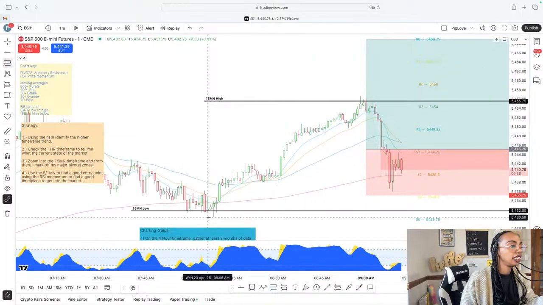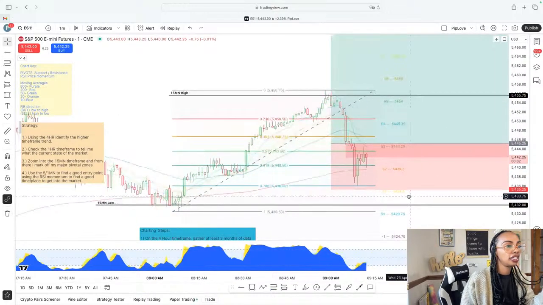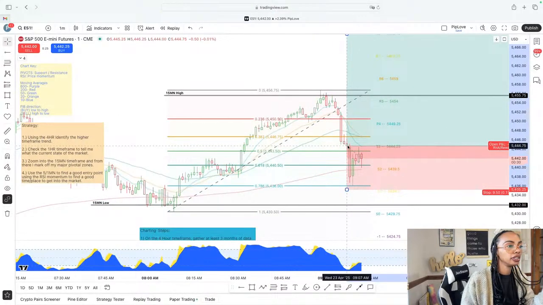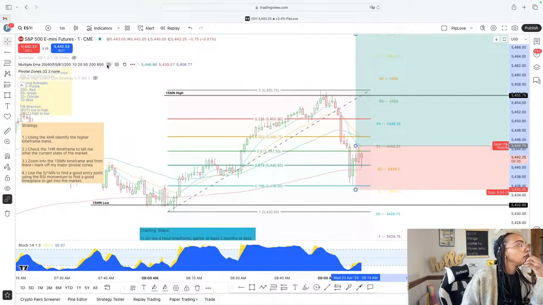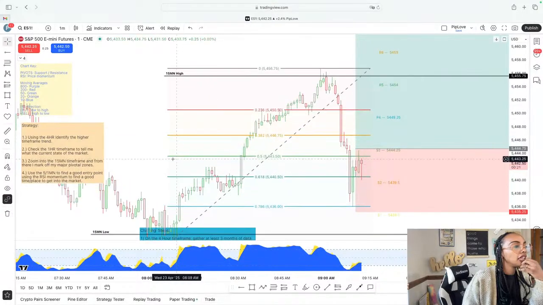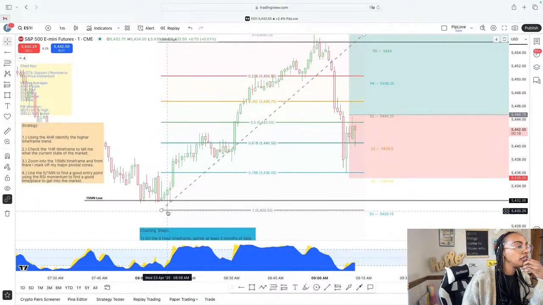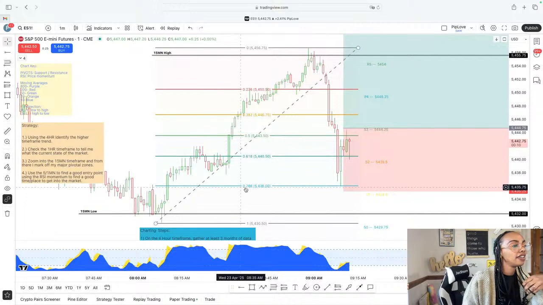Let's see here. If we take this low to this high, and you use your fibs, let me move this out of the way so we can see clearly. From this low here, this wick here, I use this wick up here, price pulled back, it retraced all the way back. It touched this 786 area.